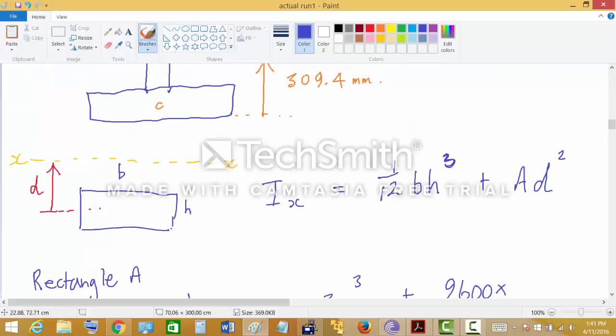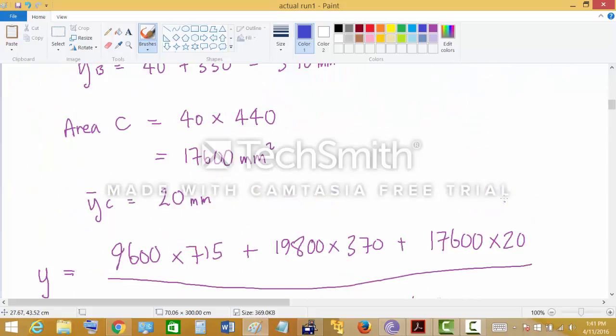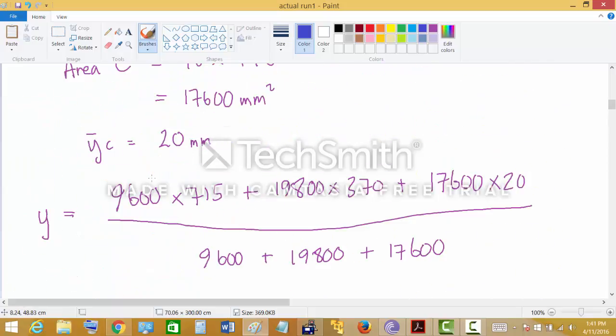That 9,600 times D, the position of rectangle A from the datum line, from the centroid. It is at 715 minus the distance of the centroid.